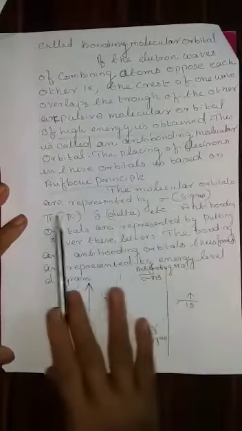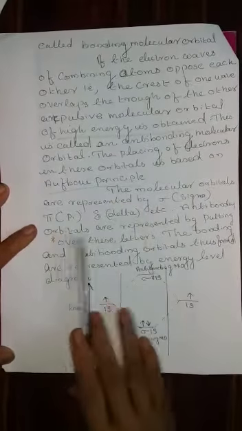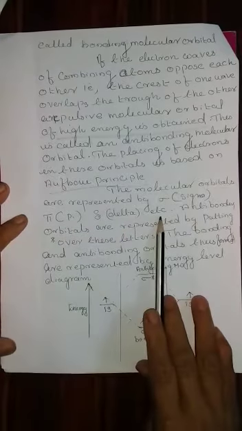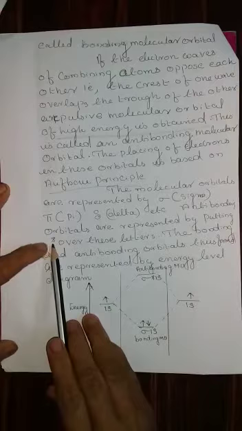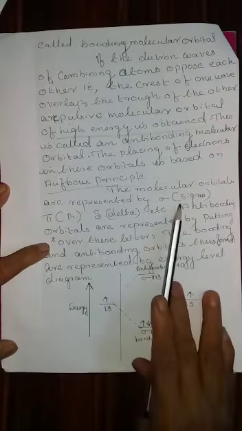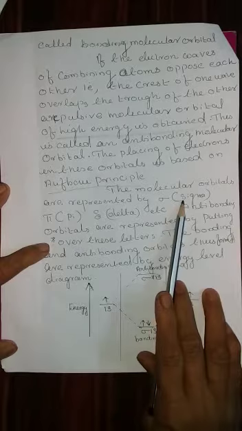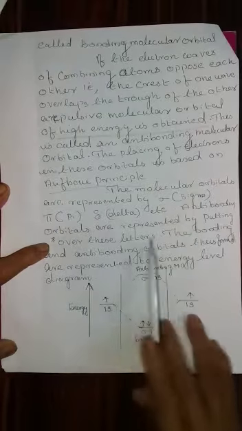The molecular orbitals are represented by sigma, pi, delta, etc. Anti-bonding orbitals are represented by putting a star over these letters. For example, sigma star represents the anti-bonding orbital. Pi star represents anti-bonding orbitals. You just have to study only sigma and pi.